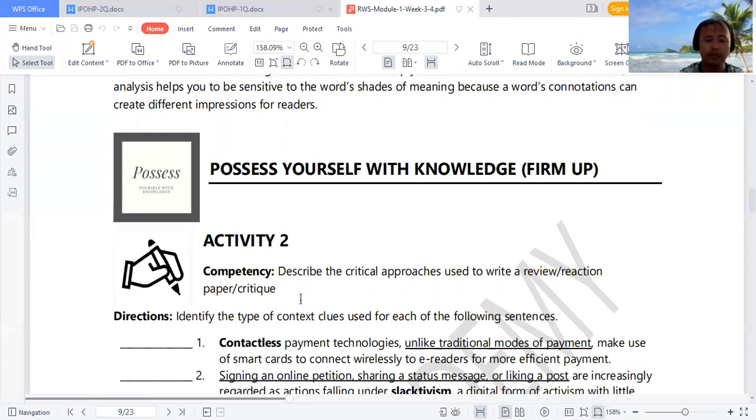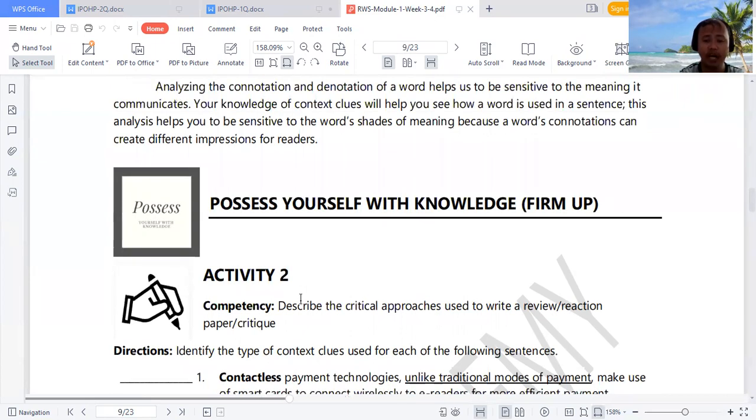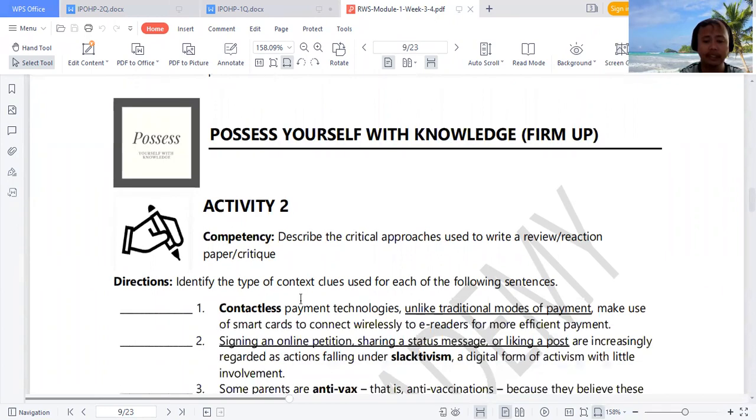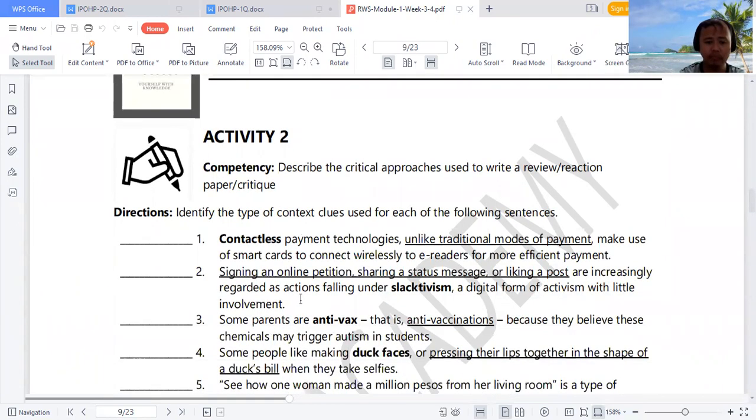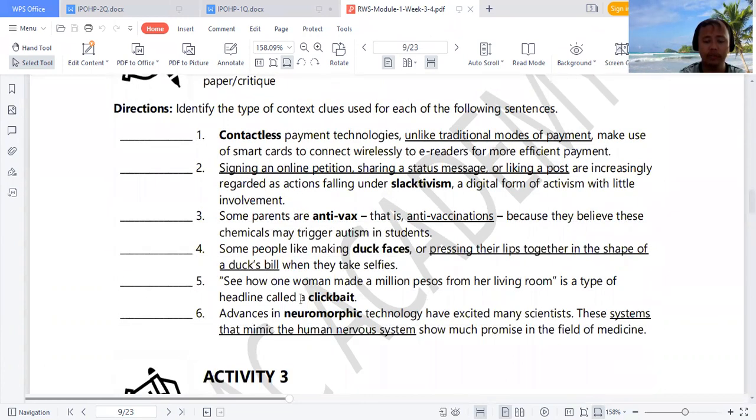Example. Directions: identify the type of context clues used for each of the following sentences.